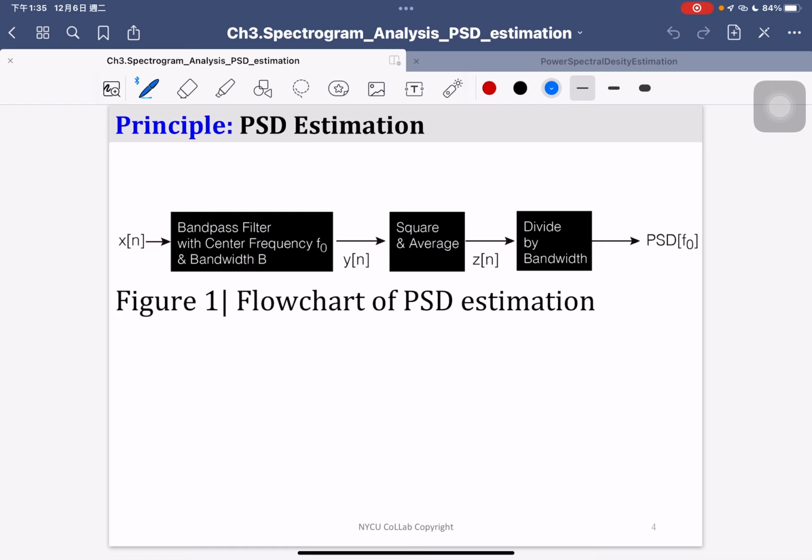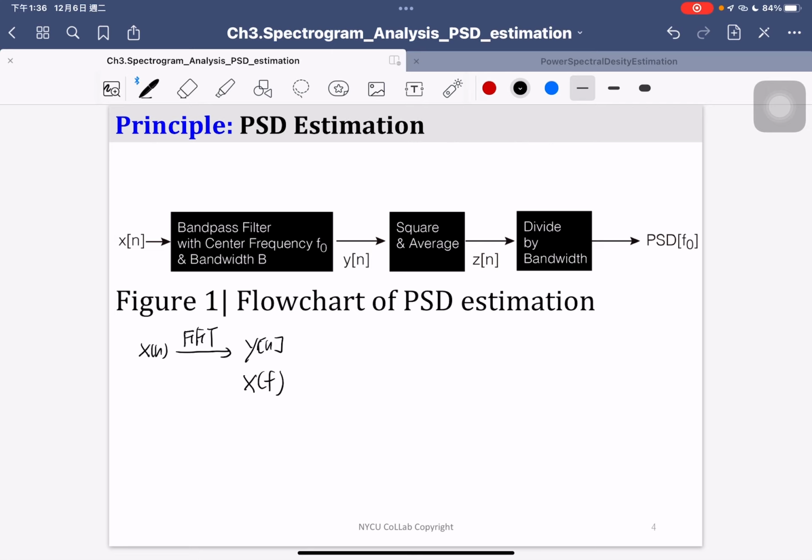So I can write down some hints. Maybe we have x_n, and we can do the FFT, the fast Fourier transform, so we can have Y_n. Actually, Y_n is the spectrum amplitude as a function of the frequency.